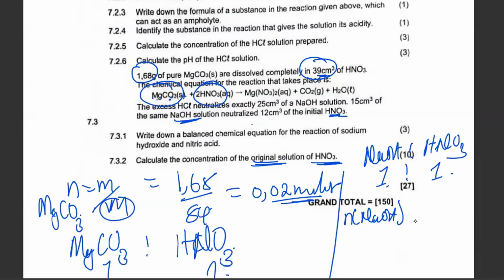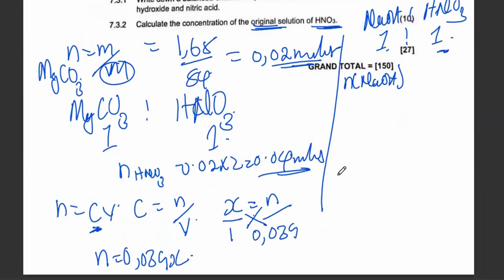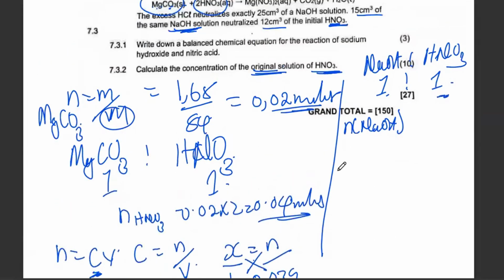Since 15 cubic centimeters of the same sodium hydroxide neutralized 12 cubic centimeters of nitric acid, it means that if the number of moles of nitric acid was 0, where is it? We need to find it out.